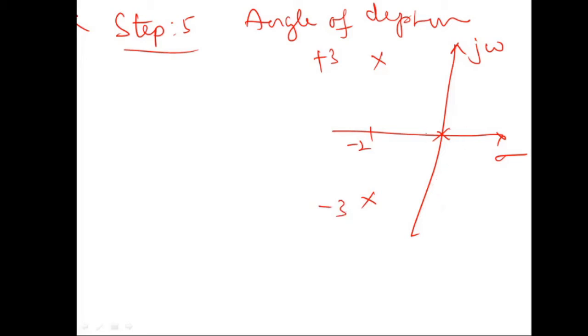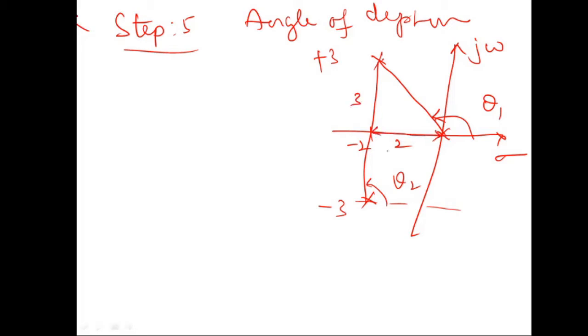As we saw in the procedure, we need to draw the vectors from these two poles and find the angles here. Let it be the angle theta 1, and let the angle of this one be theta 2. Obviously theta 2 is 90 degrees. And to find theta 1, if you don't have a protractor, we can follow this method.